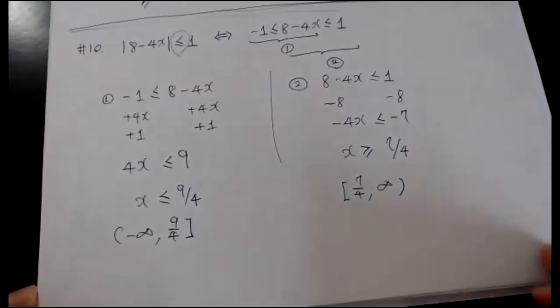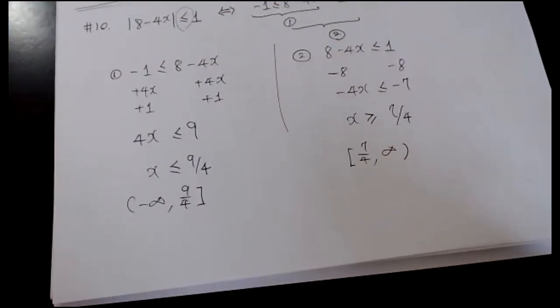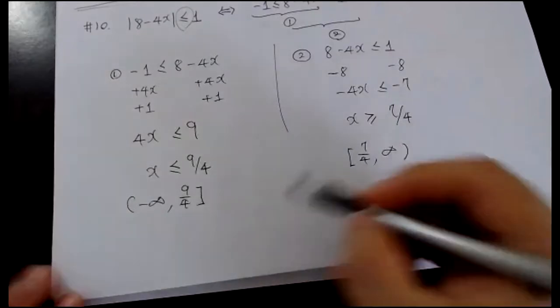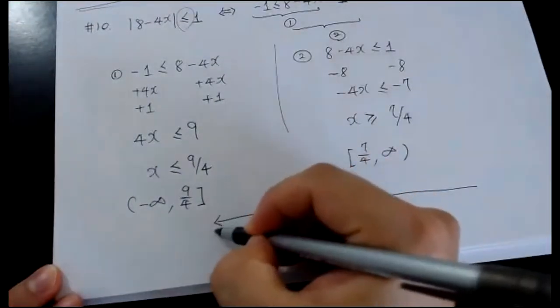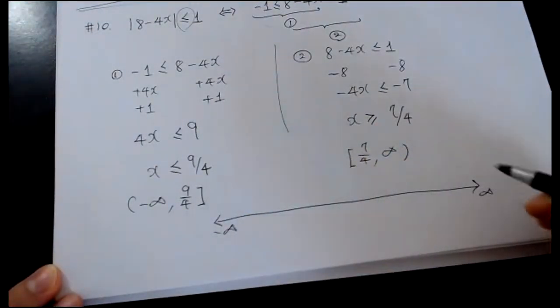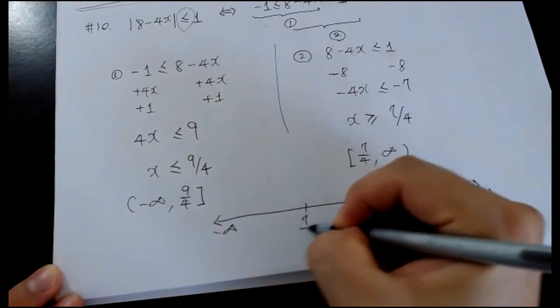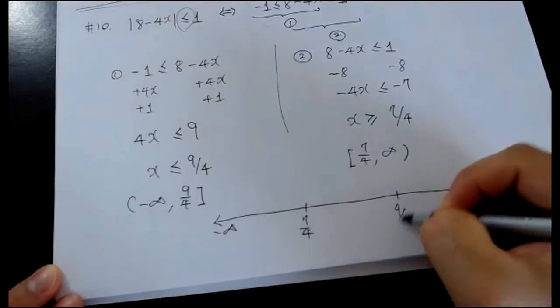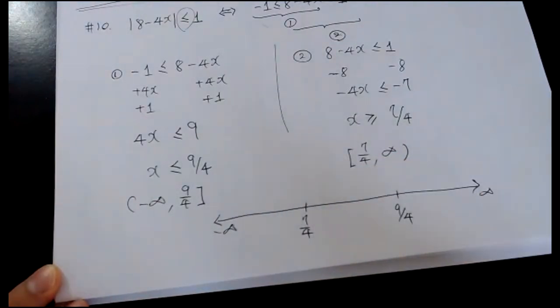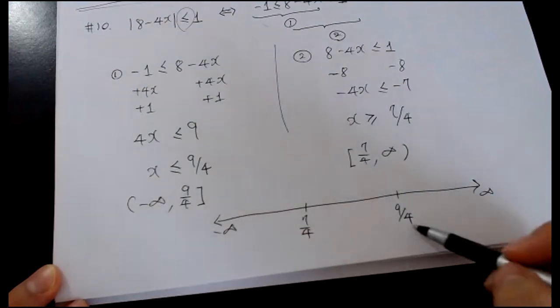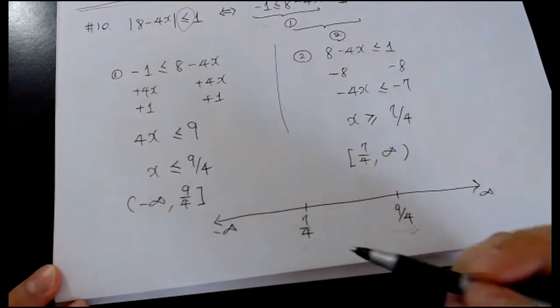All right, so let's find the intersection of the two intervals. Here's a number line, negative infinity to infinity. So 7 over 4 right here, 9 over 4 right here. Definitely you see 9 over 4 is greater than 7 over 4. Why?